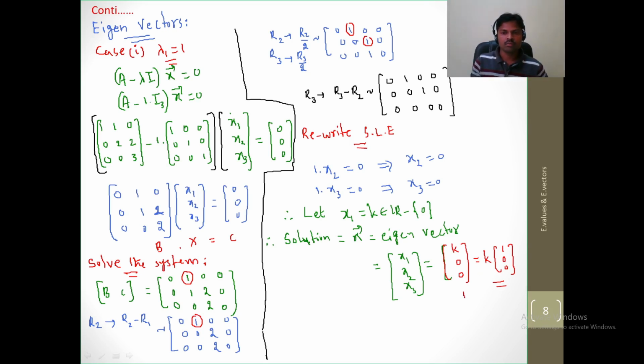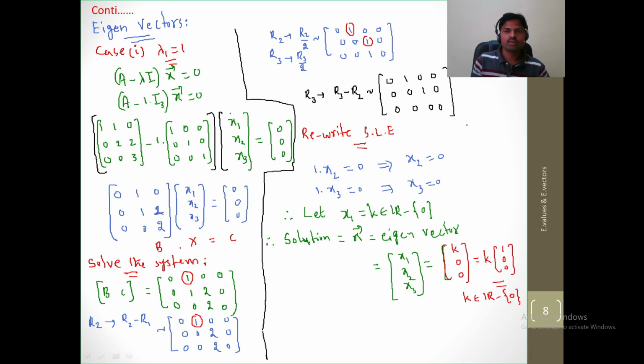So here k belongs to R minus 0. For k is equal to 1, we get 1 0 0. Take this 1 0 0 and verify like this.